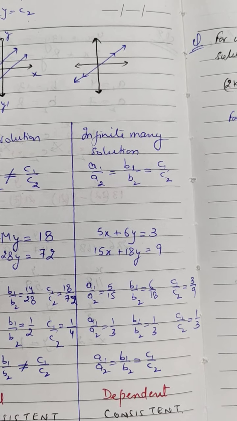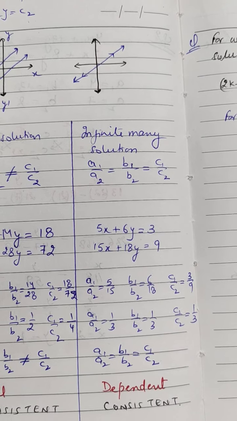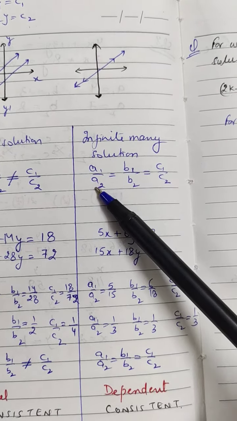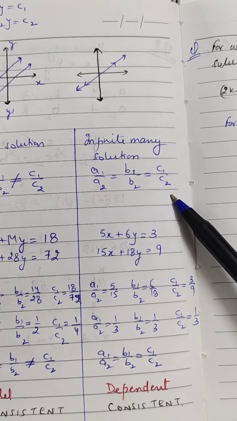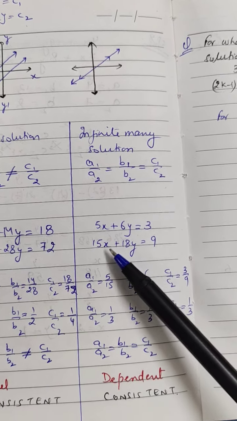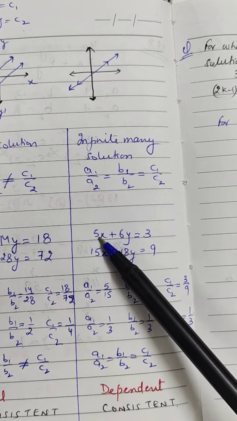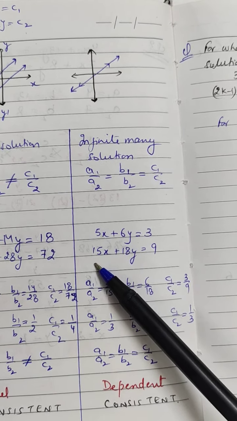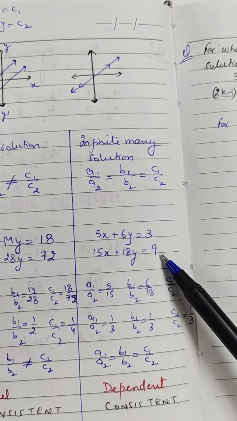Now we come to the case of infinite solutions. In this case, all the three ratios are equal. Let's see this example. We have the equations 5x plus 6y equals 3, 15x plus 18y equals 9.